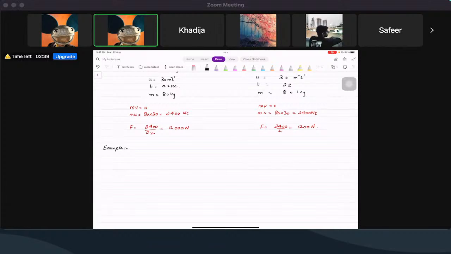So it says water is pumped through a pipe at a rate of 90 kg per minute.